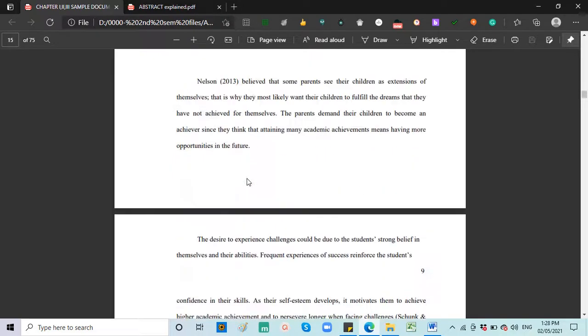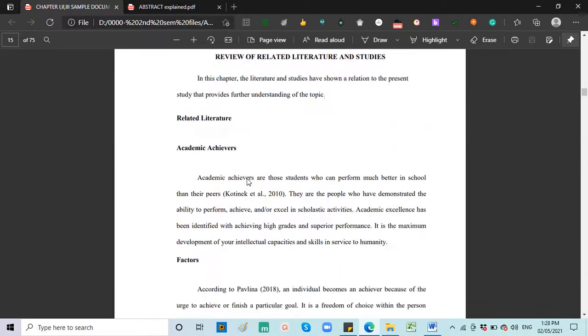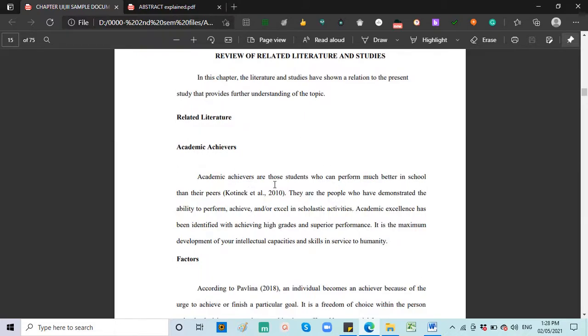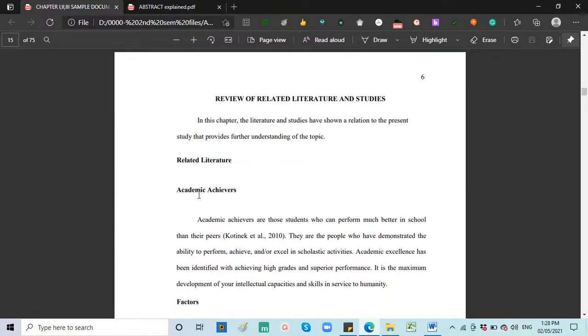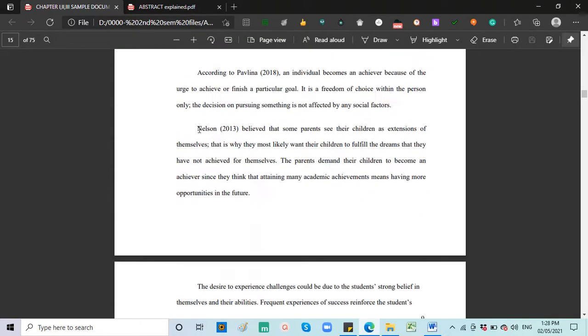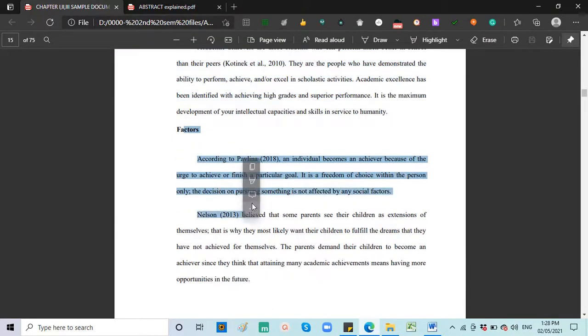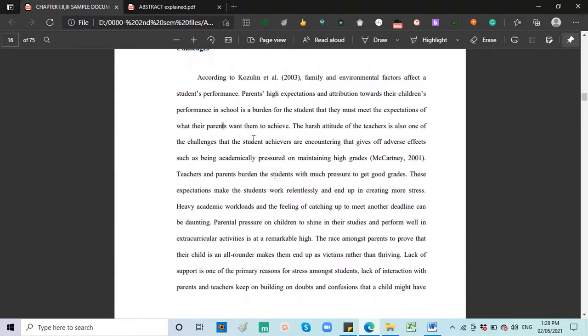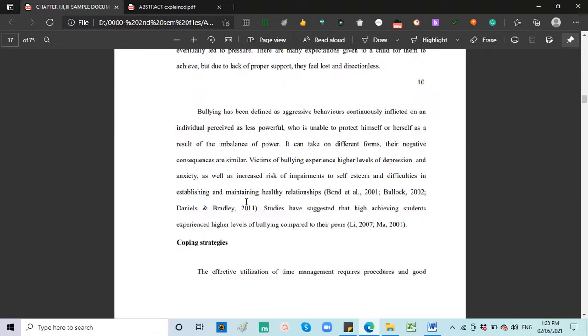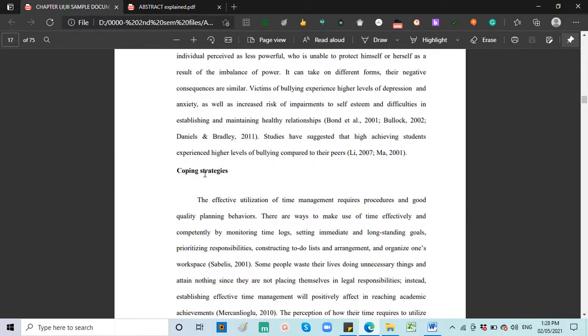So if your related literature and studies still has no structure until now, please revise as soon as possible. So we have the definition of academic achievers, first SOP is factors. So this is a literature about factors, a literature about challenges, and a literature about coping strategies.